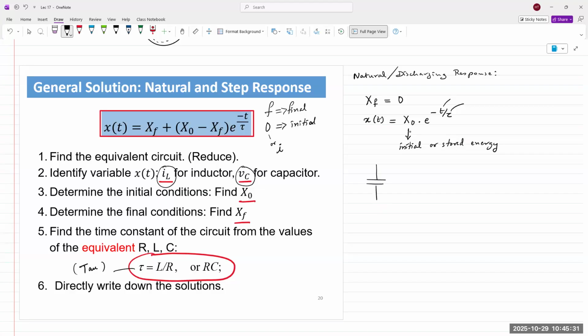Whether we have an inductor or capacitor that is charged, and it is releasing its energy to a load, this R will determine how fast or slow it moves.